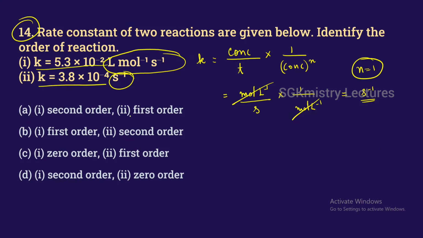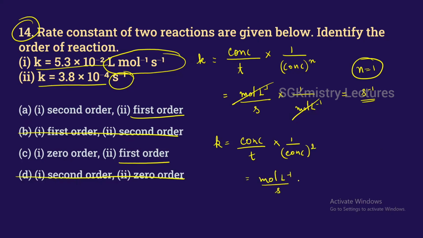So the second one is first order. So you remove these two. Now we have only two options, second order or zero order. Let us try for second order. Concentration by time into 1 by concentration to the power of 2. So mole per liter by second into 1 by mole per liter square. The square and this one will cancel. So we have mole inverse, liter inverse.